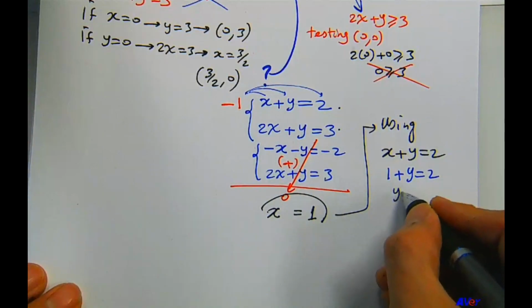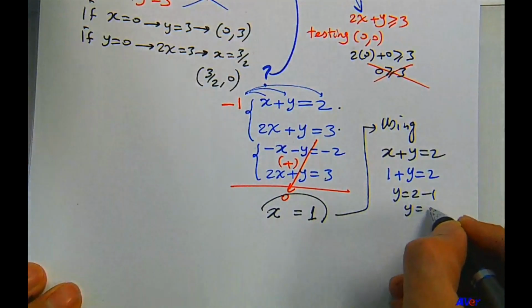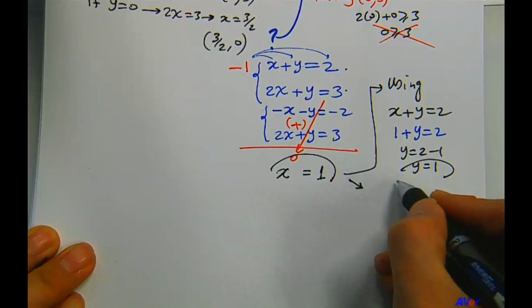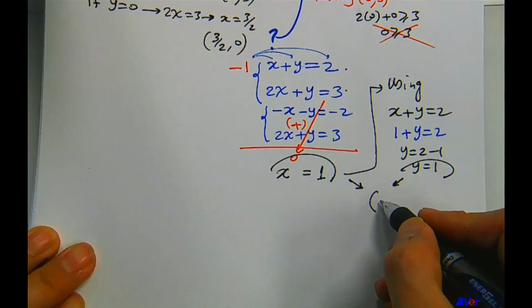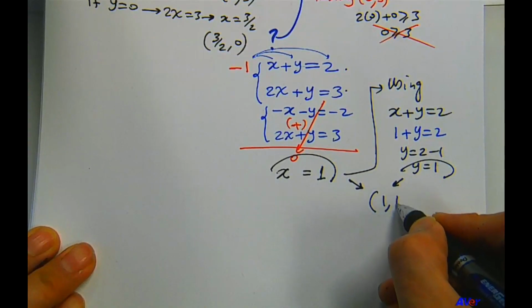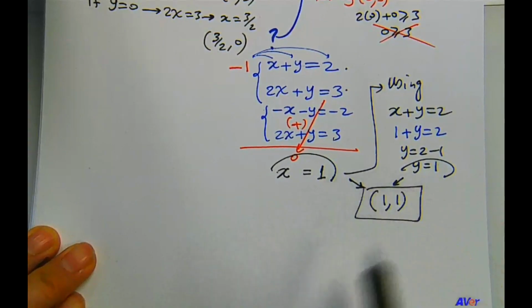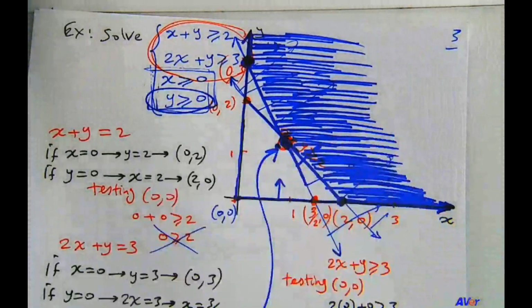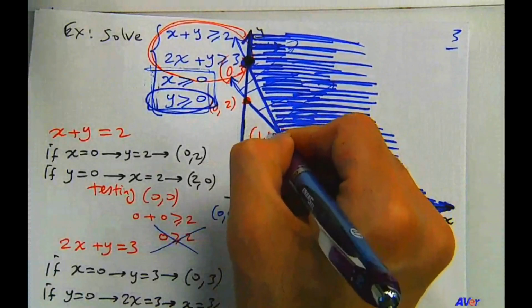So then y equals 2 minus 1, y equals 1. So now we have y. So combine these two coordinates together. We have 1, 1 as the coordinates of that intersection point. So we can come back here and say the coordinates of that point is 1, 1.